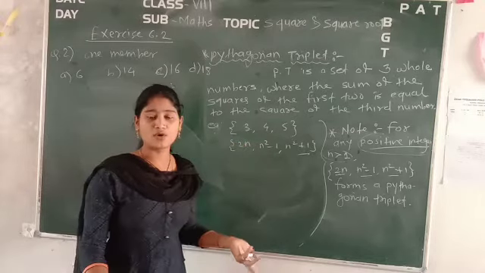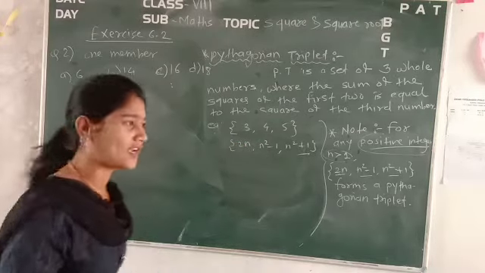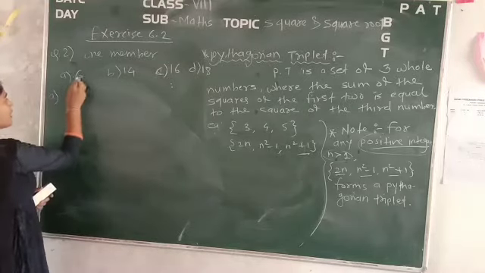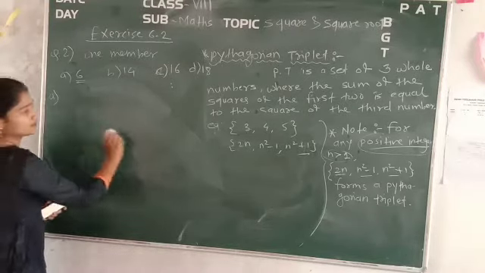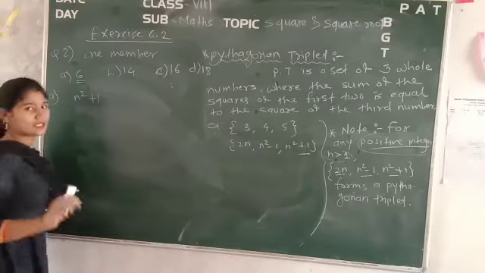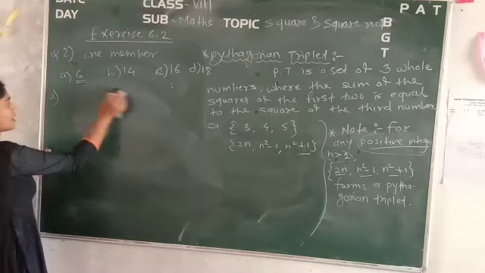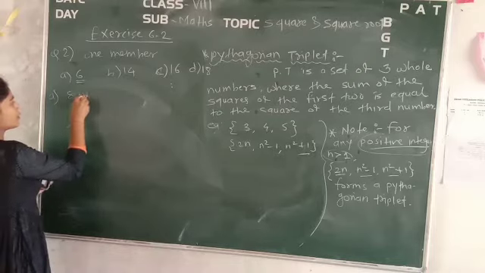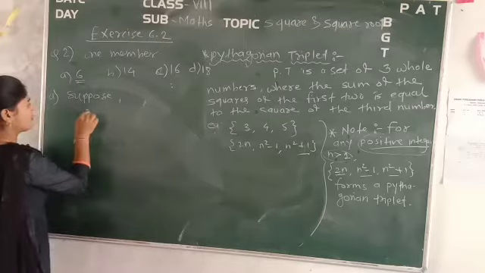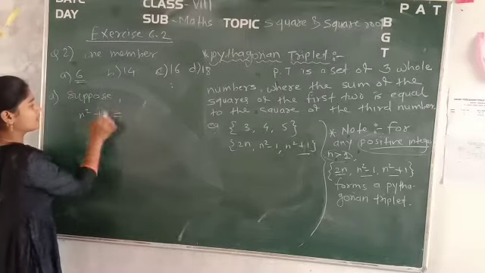We don't know, so that's why we will find this out. Now, first of all, for a we will consider this as n square plus 1. Suppose this 6 is nothing but n square plus 1. So n square plus 1 is equal to 6.